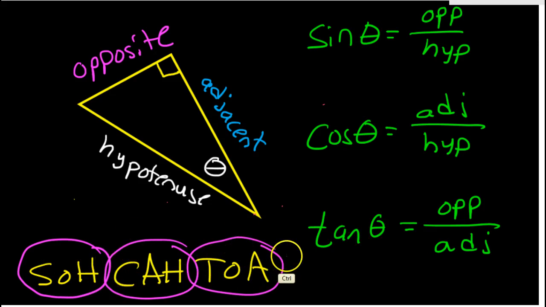I've circled the parts of the word because the SOH part means sine is opposite over hypotenuse. The CAH part, cosine, adjacent over hypotenuse, and TOA, tangent, is opposite over adjacent. So if you find it hard to remember all of this, SOHCAHTOA may be your best friend.